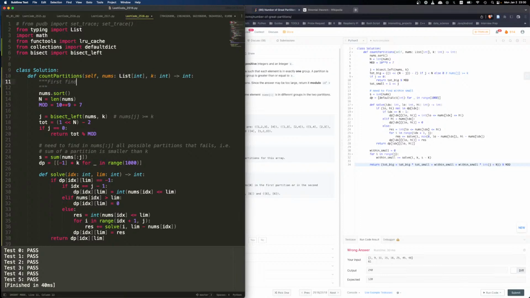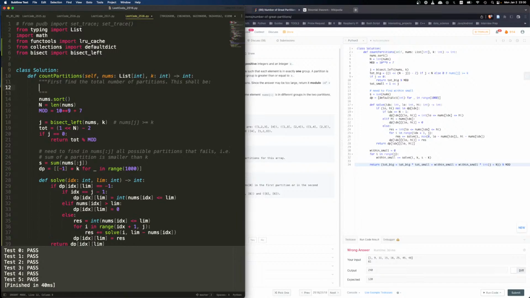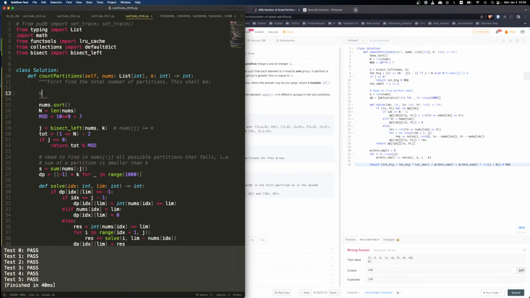First find the total number of partitions. This shall be n choose 1 plus n choose 2 plus n choose 3 plus and so on, plus n choose n minus 1.